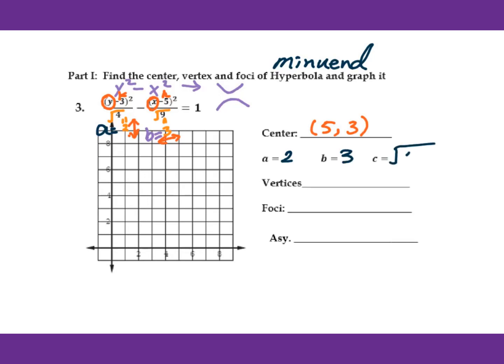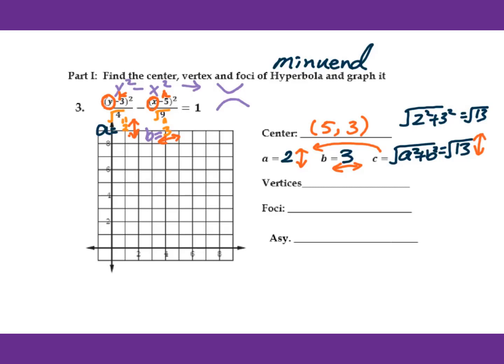Then c equals the square root of a squared plus b squared, the square root of 2 squared plus 3 squared. That's the square root of 13. For a, up and down. For b, horizontal. c always follows a, therefore a vertical arrow.